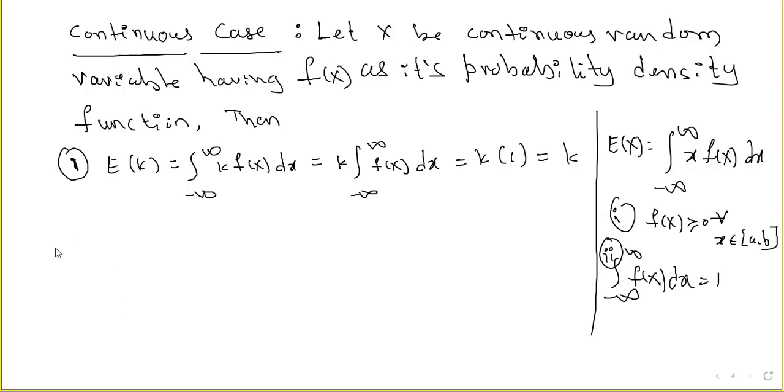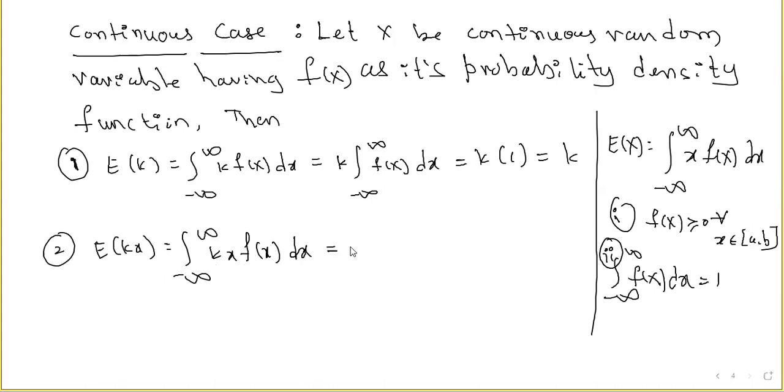Now, second, expected value of kx is equal to the same integration minus infinity to infinity k into x f of x dx, right? Sir told that whatever we have, we take f of x and don't take f of kx, right? We are multiplying only the probability density function of x, not kx here.